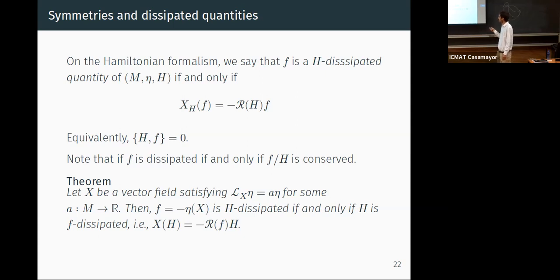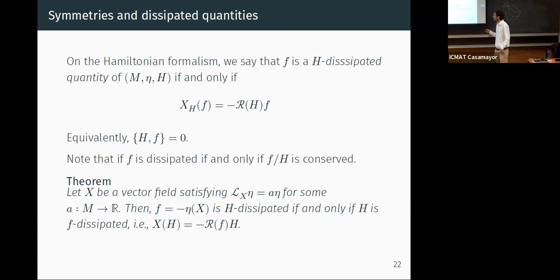A quick comment: the Hamiltonian, of course, commutes with itself, so the Hamiltonian is the first example of a dissipated quantity, as it is a conserved quantity on symplectic systems. And since all dissipated quantities dissipate at this rate, if you take the quotient, you get a conserved quantity. So you can also use these dissipated quantities to get conserved quantities in some situations.